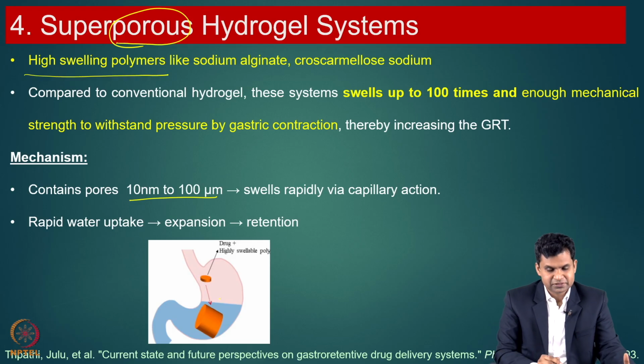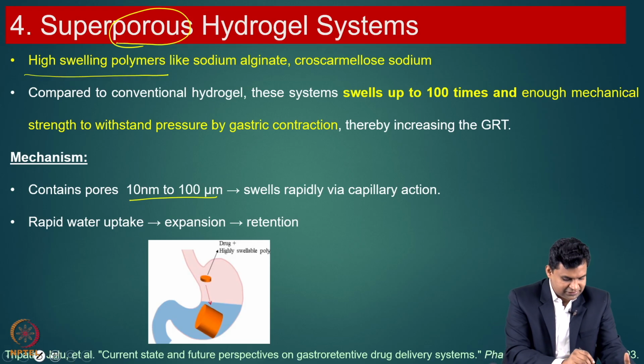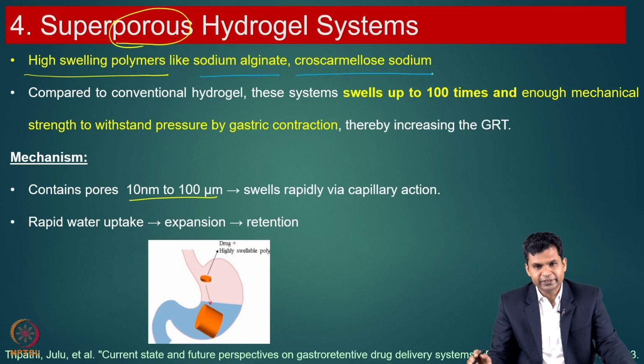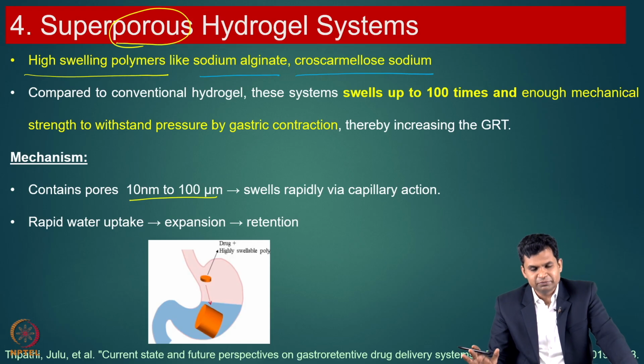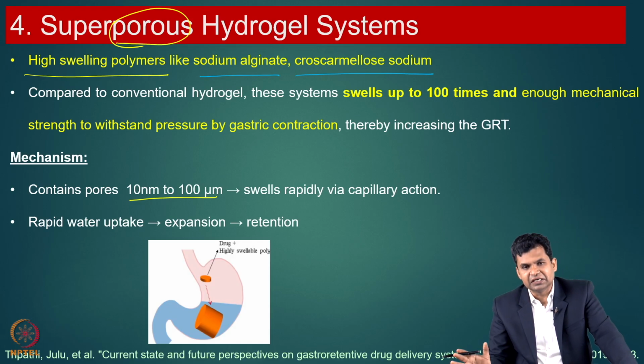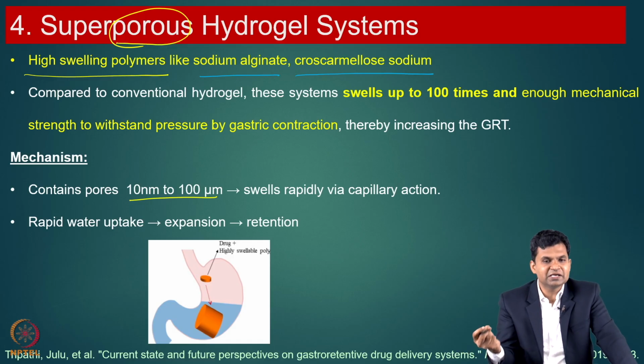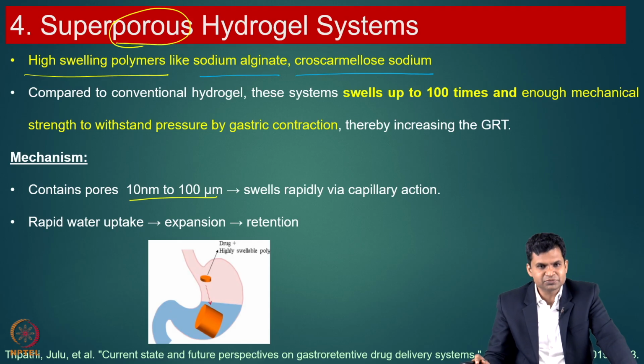Examples of these polymers are sodium alginate and croscarmellose sodium. We need to cross link such polymers with other types of excipients, which help in loading a high amount of water in their structures. That is why they are called super porous hydrogel systems.